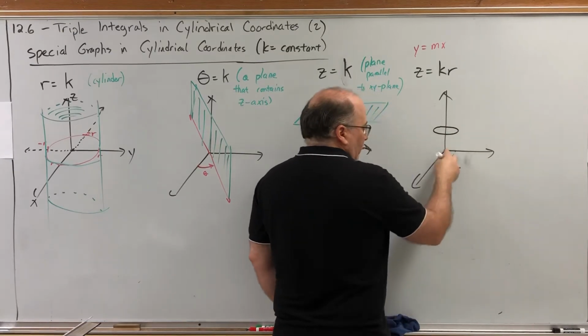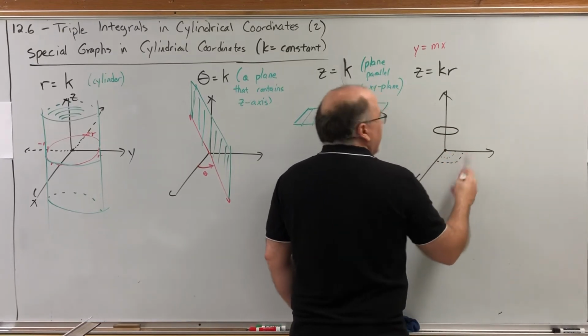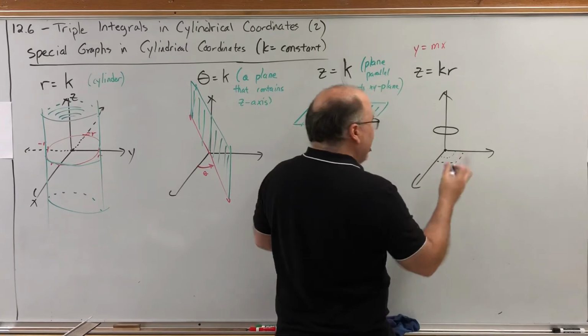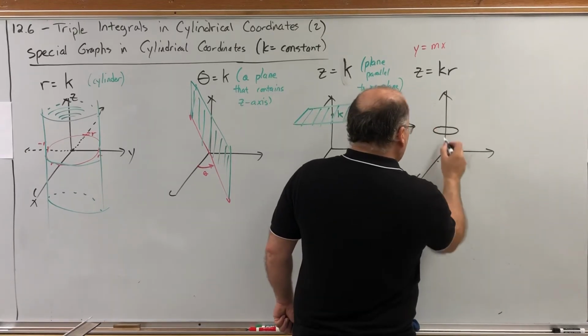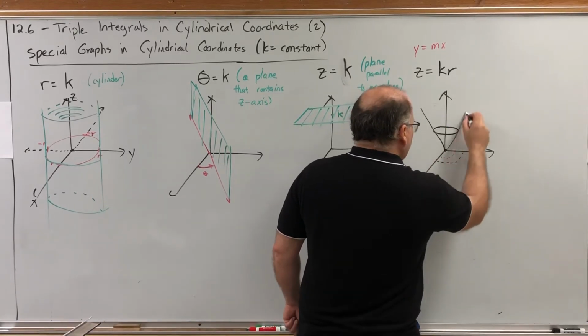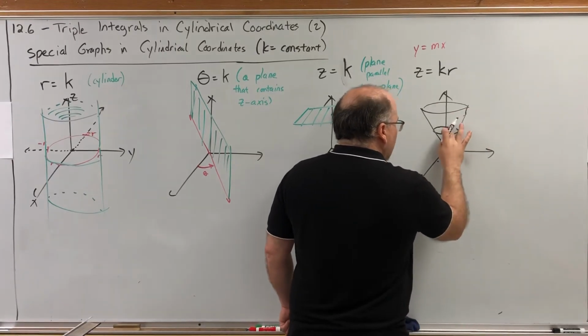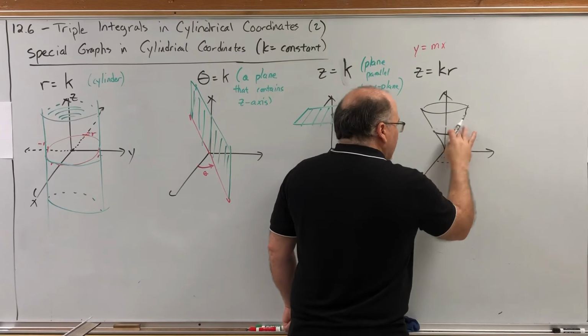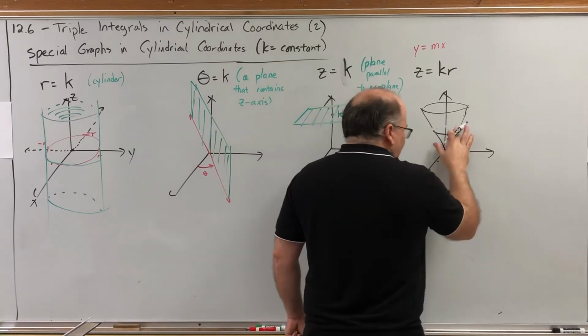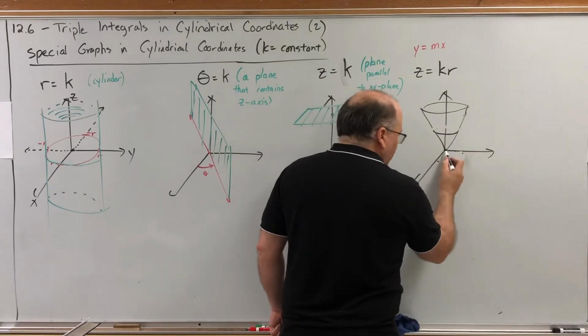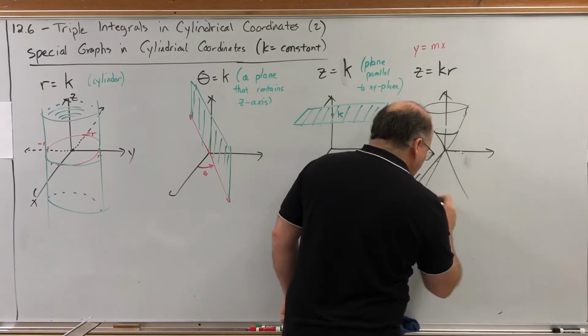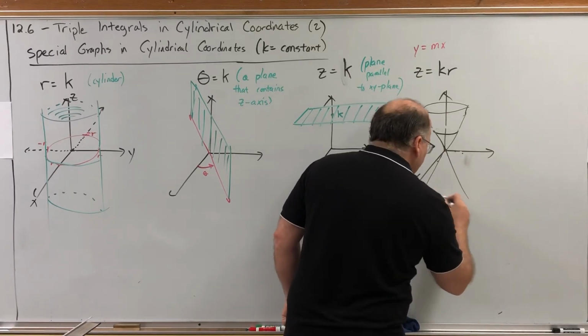And if I had a circle of radius 2, it would go up twice as far and have twice as large a radius. So let's see if I can do this. Of course I can. It's a cone, but it's not just that. This is technically half a cone because a cone has 2 halves, top and bottom. Let's see, we'll do it like that.